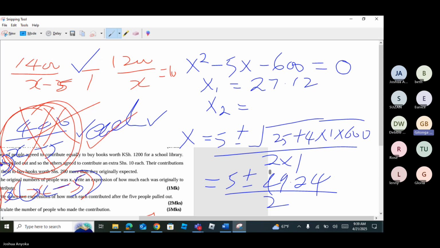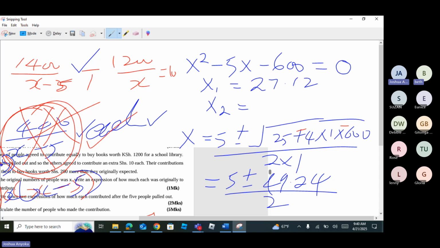Teacher, I have a question. Your times 600, should it be times negative 600? Okay, all right. We made an assumption. Remember this one has a negative. Here there is a negative and here there is a negative.